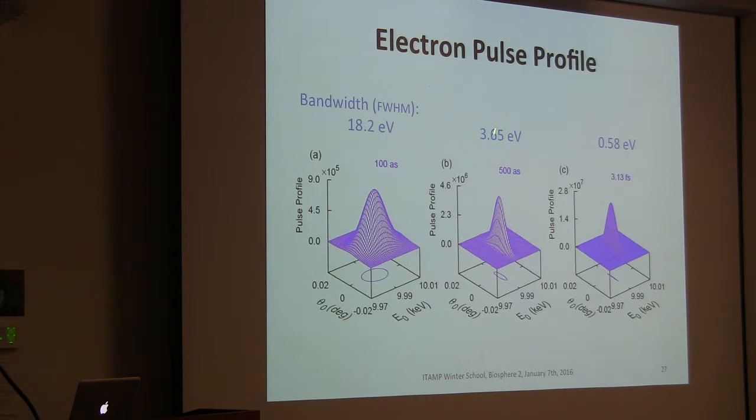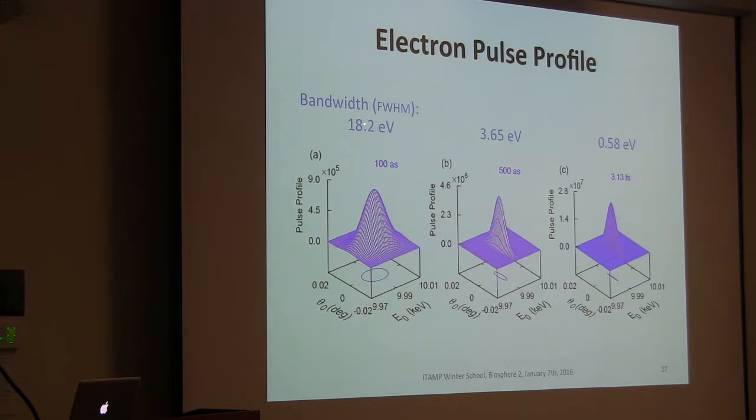Here is a picture of our electron pulse profile for 3 different full-width half maxima of our pulses. All of these pulses have 10 keV energy. This is a 100 attosecond pulse, 500 attosecond, 3.13 femtosecond pulse. The angular width is 10 to the minus 4 radians. It's the same for all pulses. But the energy bandwidth changes.